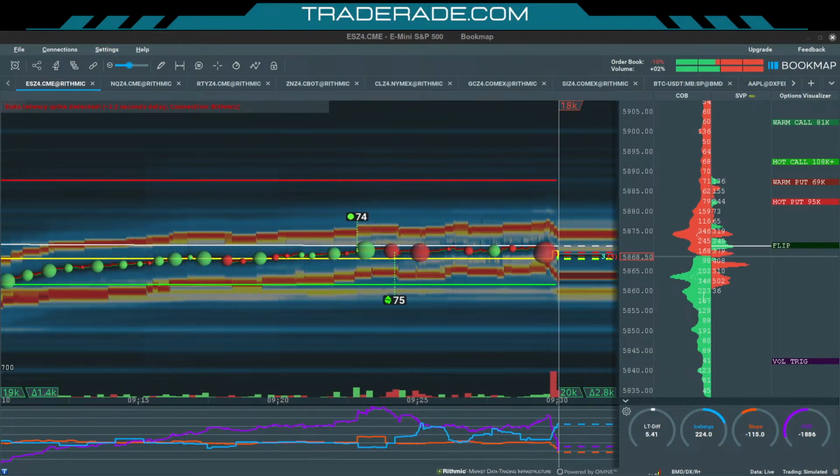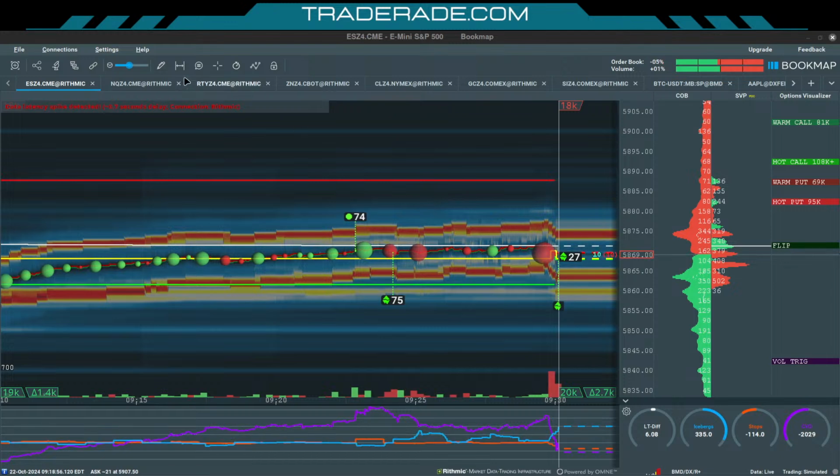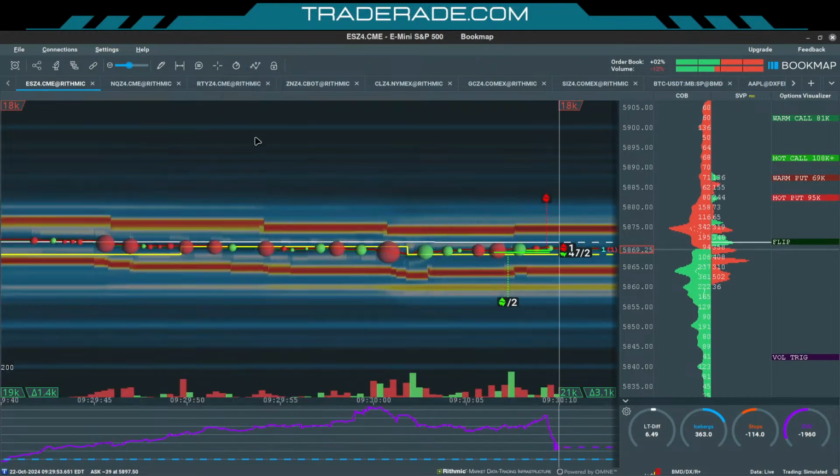And U.S. markets are opening here. You can see some of that increased volatility. We'll zoom in just a little bit for the opening.